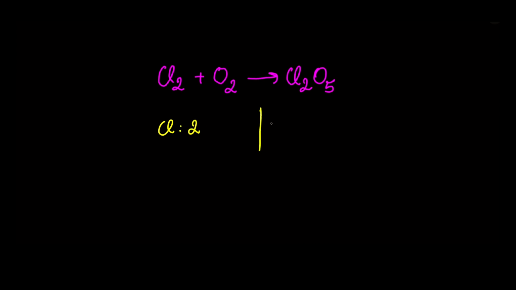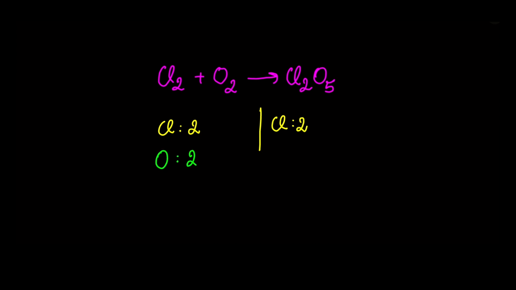Let's do one more before we go further. In this problem, chlorine reacts with oxygen and produces chlorine 5 oxide. Like in the last examples, we count how many atoms of the elements are present. For chlorine, we have 2 before and 2 after the reaction.